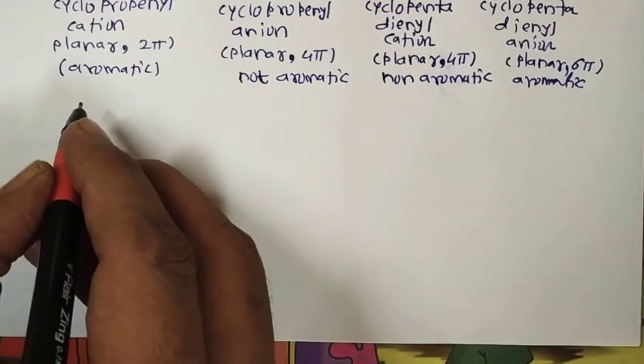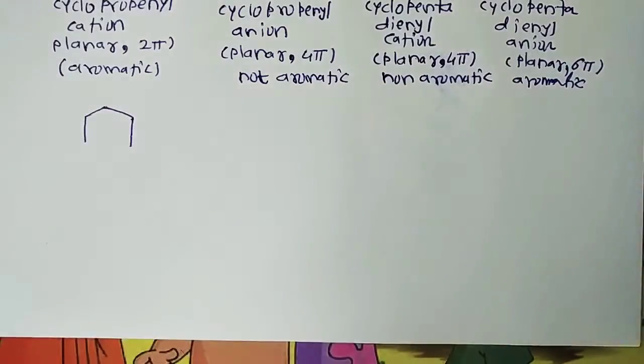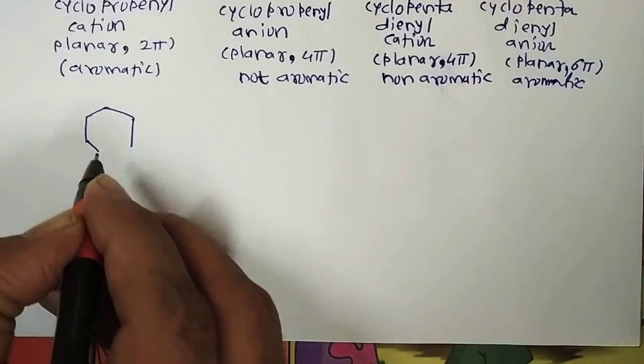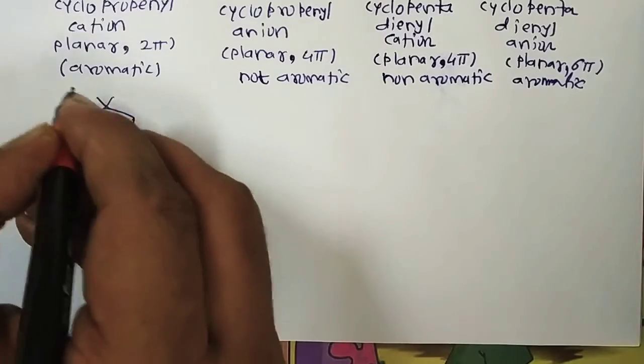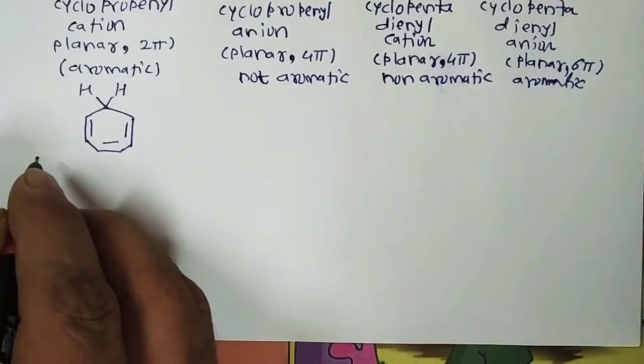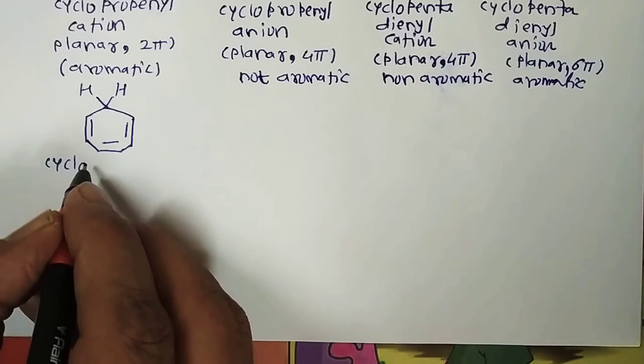One more example is like that. Mind well, it's not a benzene. So 2 hydrogens. The name is like that. Cyclo. How many carbons? Hepta, 7 carbons.